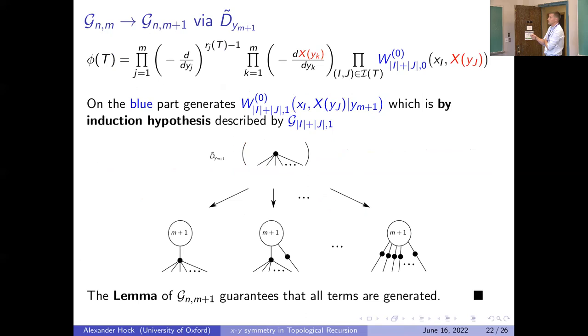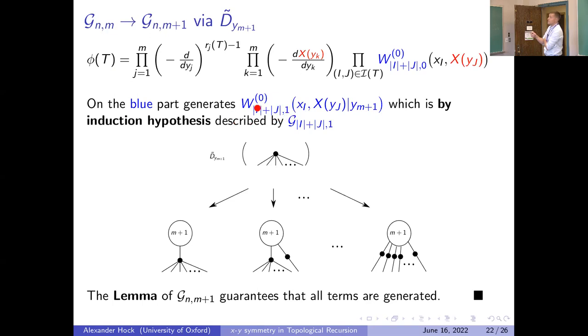But the more complicated stuff is if you act on the w function, which gives you first of all the w xi capital X of the yj's, where you have this vertical line ym plus 1. So you have first of all generated this function where you have not a 0 here on the right hand side.